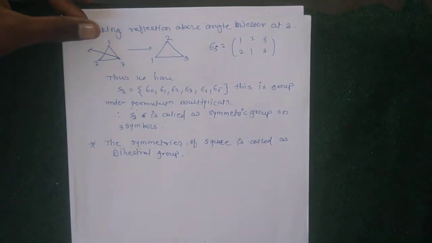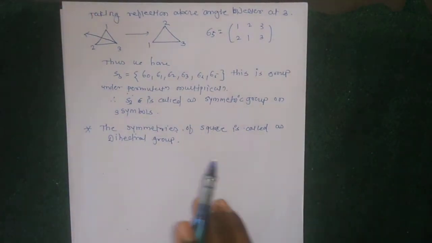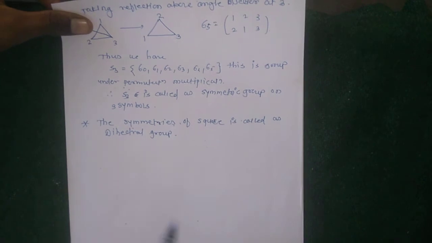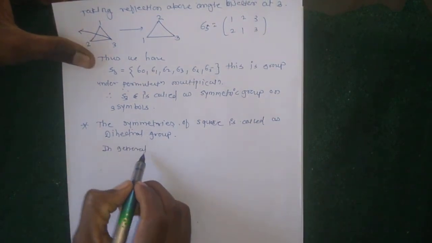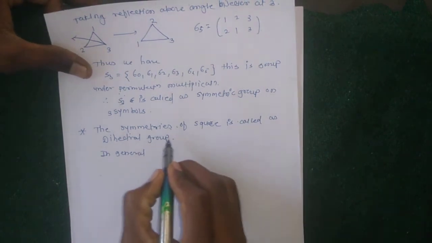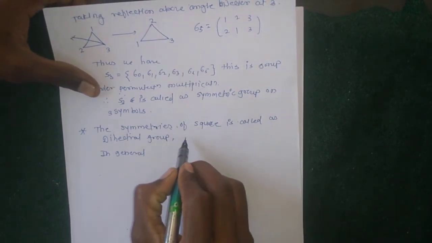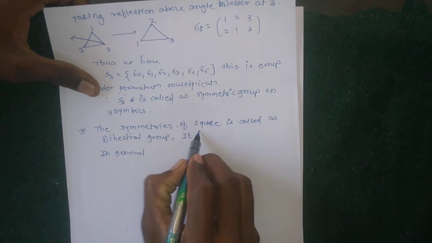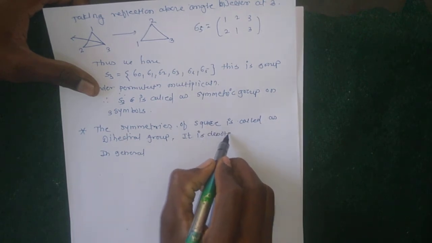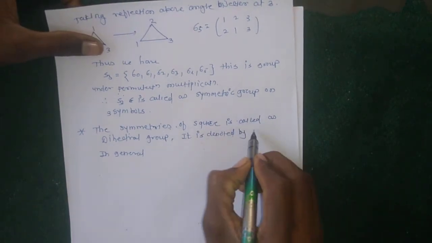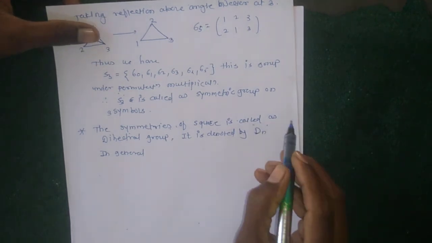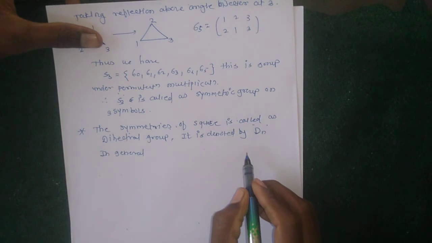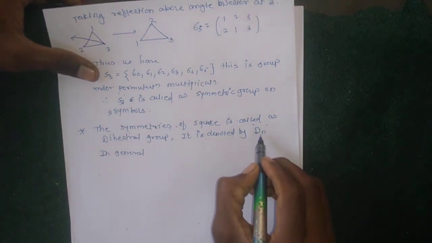The dihedral group is of the form of a square. In general, the dihedral group is denoted by capital D suffix n, written Dn.